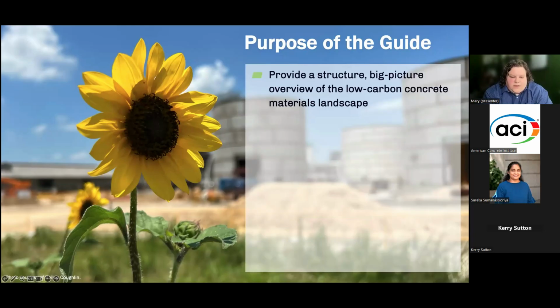What we ended up going for was a document that has a full view of low carbon concrete: EPD, fly ash, slag, all the different words and concepts that you hear around.